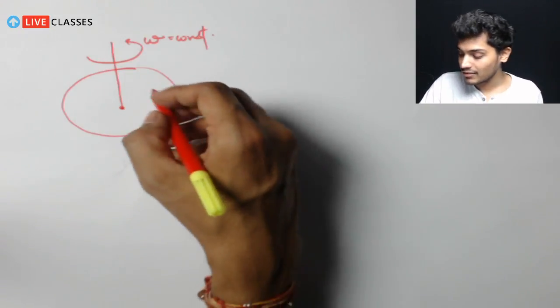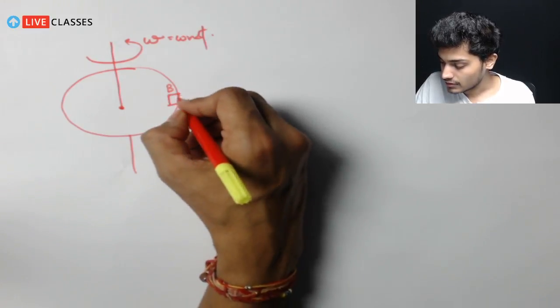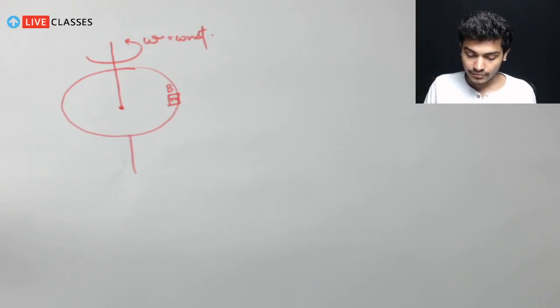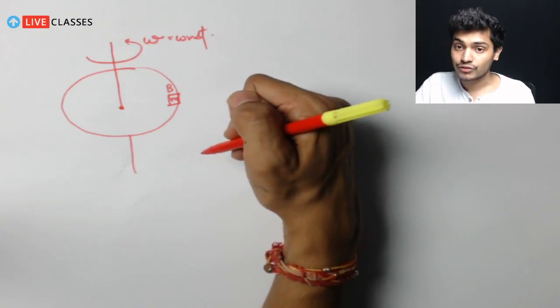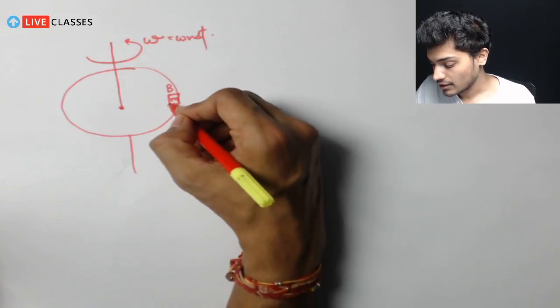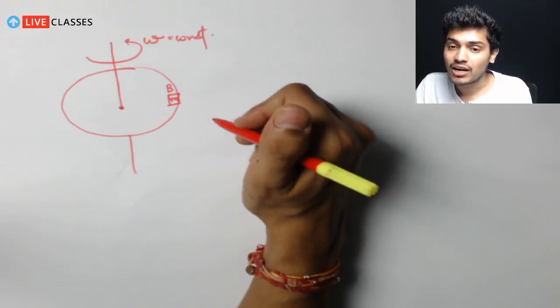And here we have some block B which has mass m. We have to find the maximum omega for which there would not be any slipping between the two.